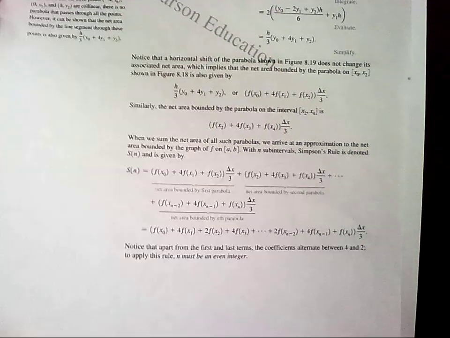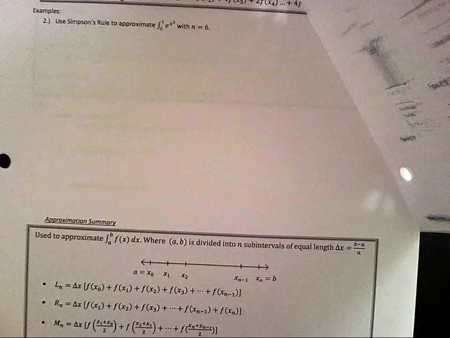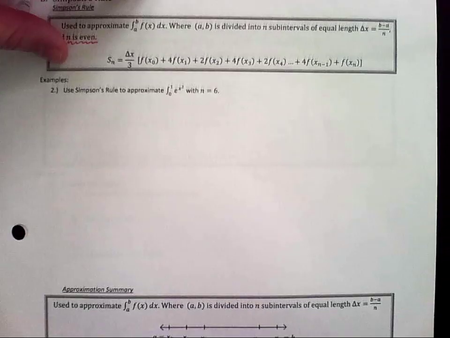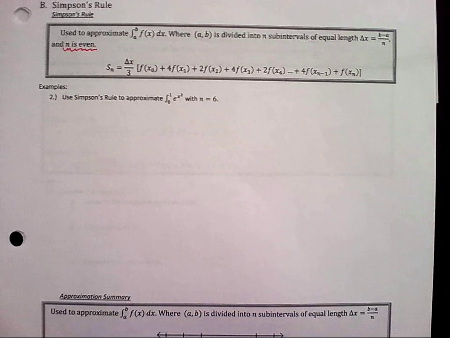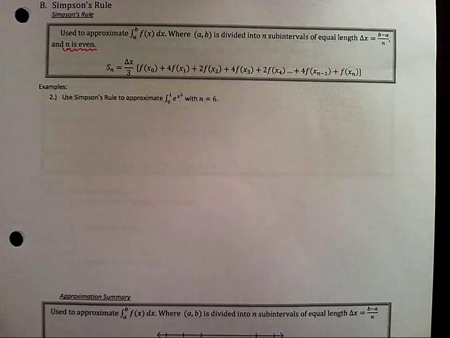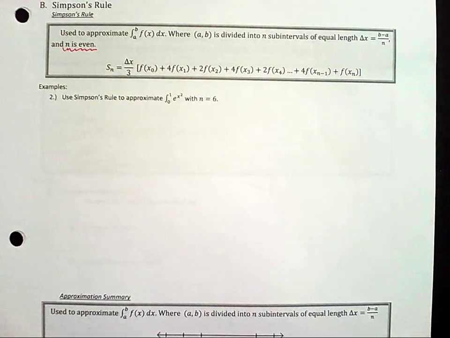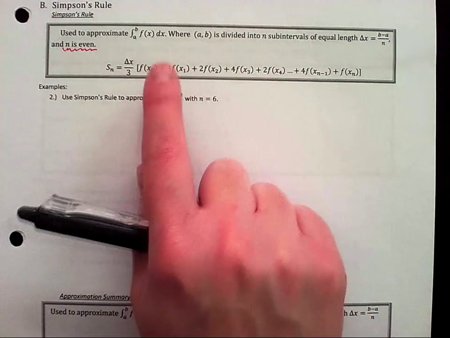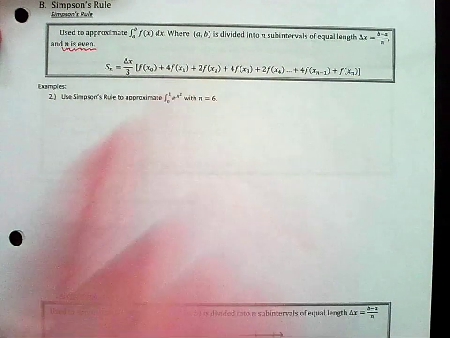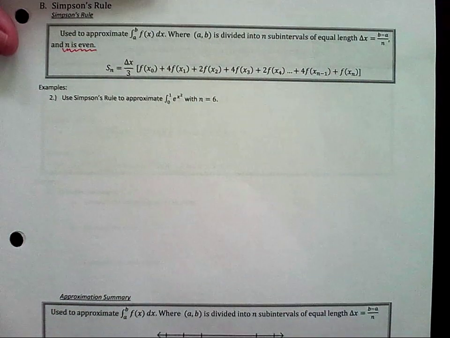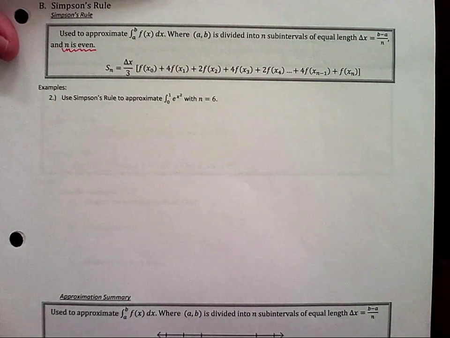If you look here, I can scan this with the notes too, if you guys are interested in looking at it. It's also in your ebook. All right, so that's the formula for Simpson's rule. You don't have to know where it comes from, but you have to know the formula. But having a little bit more of an understanding, I think, is good. Again, so this is my f of x.